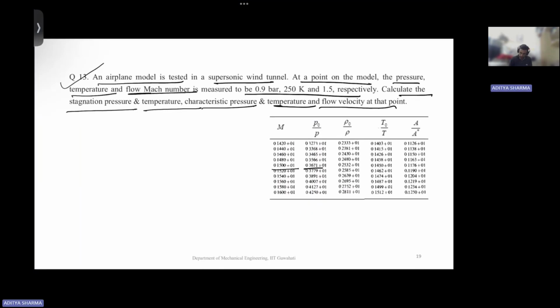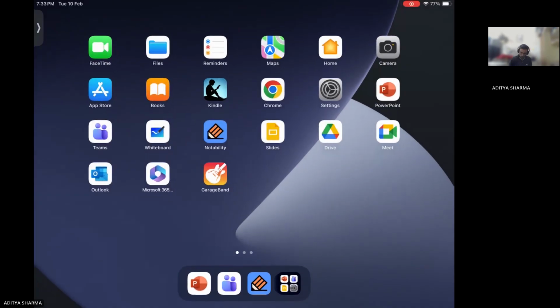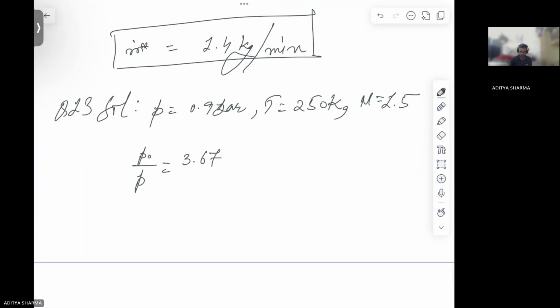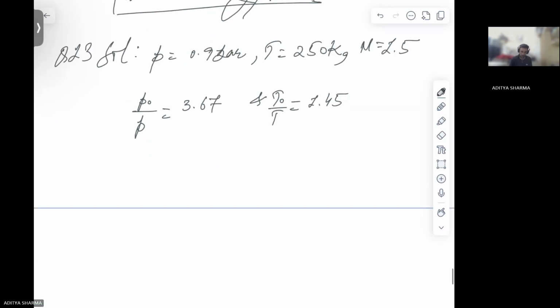From the table, this, and T naught by T is equal to 1.45.